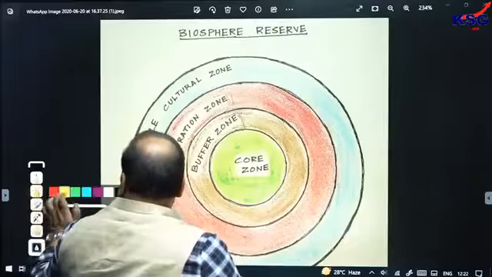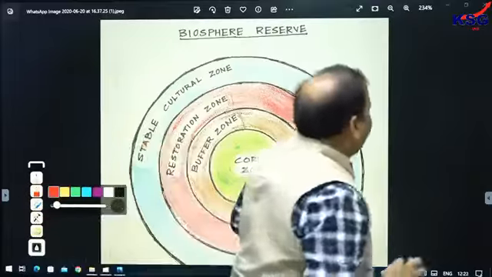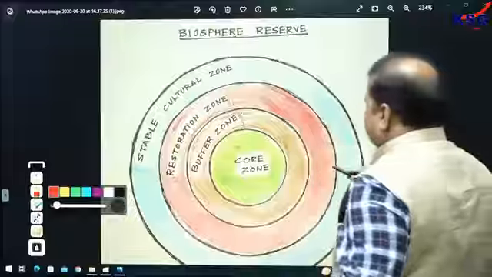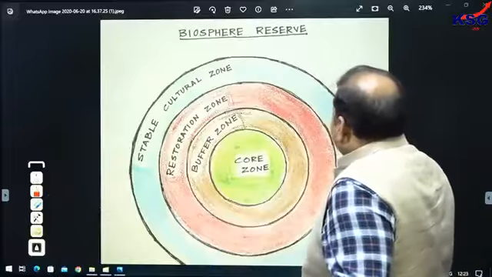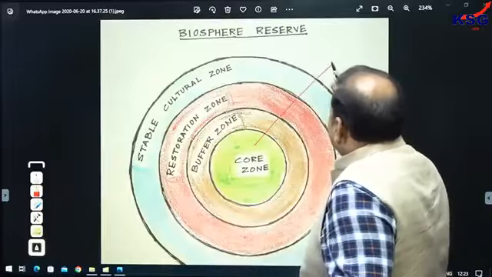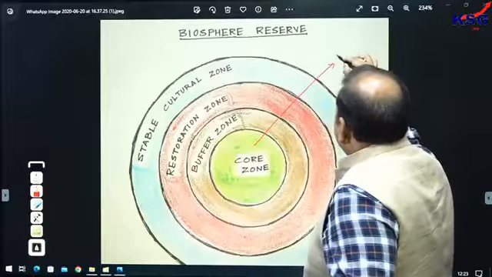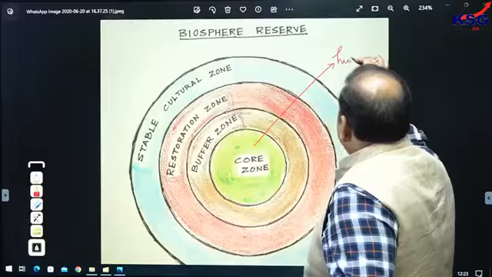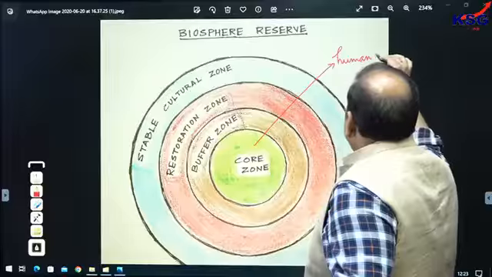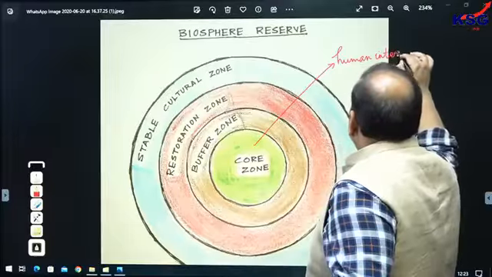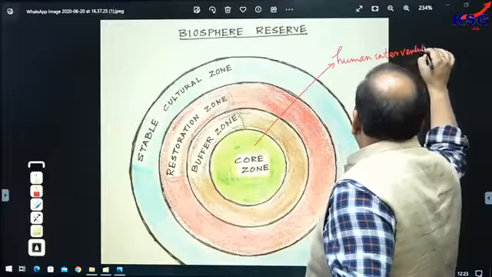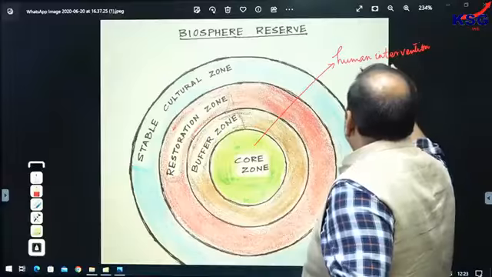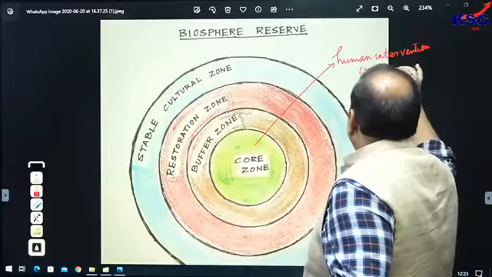There are 4 zones in Biosphere Reserves. First, core zone. In this area, human intervention would be minimal.